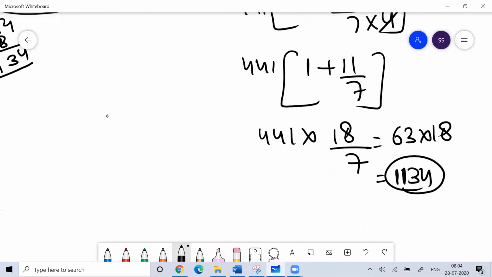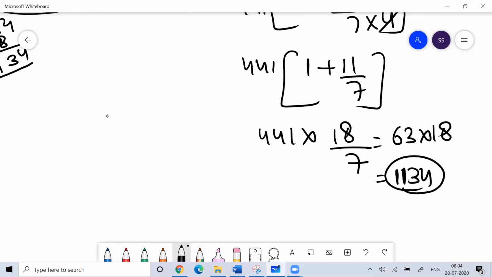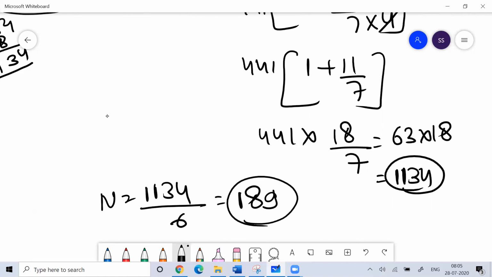This is the total area of this rose bed. Then if each rose plant needs 6 meters square, what is the number? The number will be 1134 divided by 6. So you'll get 189.